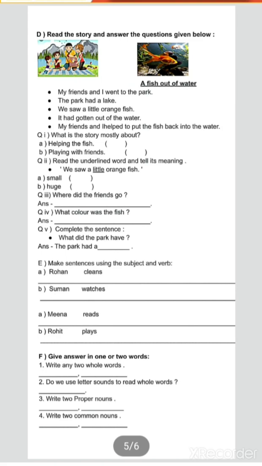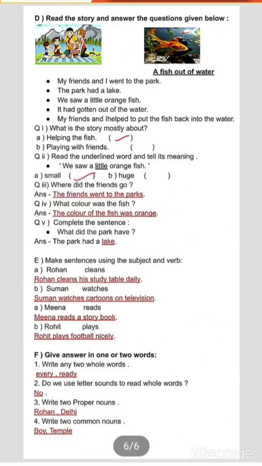What color was the fish? Read the third line. We saw a little orange fish. In the picture also there is an orange fish. So we can clearly see that the color of the fish was orange.